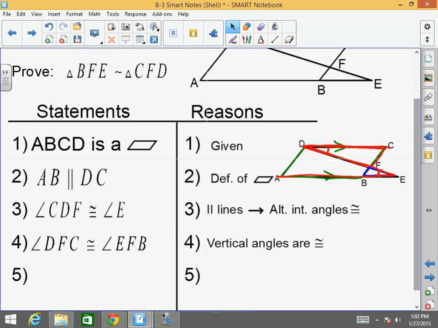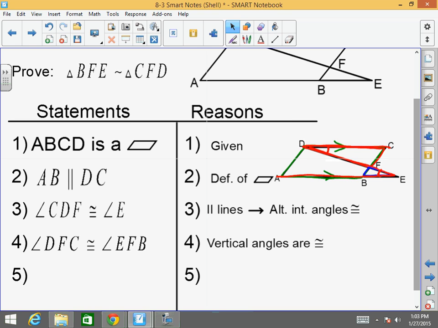Please notice, though, I'm going to go back in a second. You can't just say angle D is congruent to angle E. I can call angle E because there's only one angle E there. But for angle D, I have CDF, I have CDA, I have ADE. So you have to articulate which angle we're talking about.